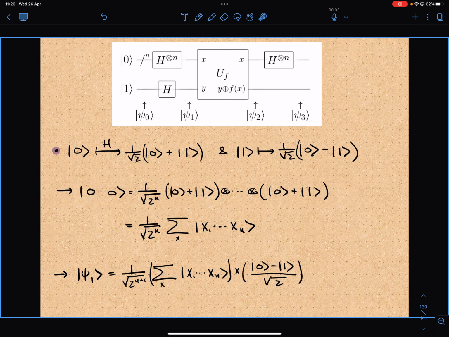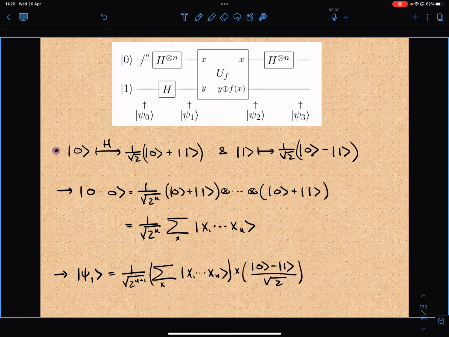So let's go through computing the steps of the quantum circuit. The action of the Hadamard gate on both bases, 0 and 1, just on that single qubit, is going to be 1, 1 or 1, minus 1.